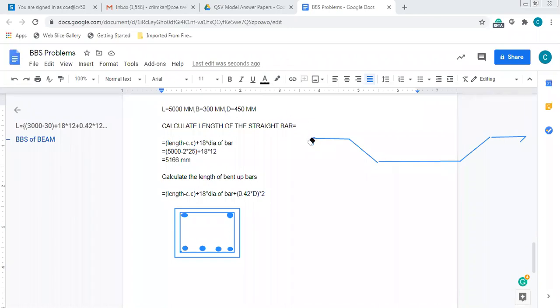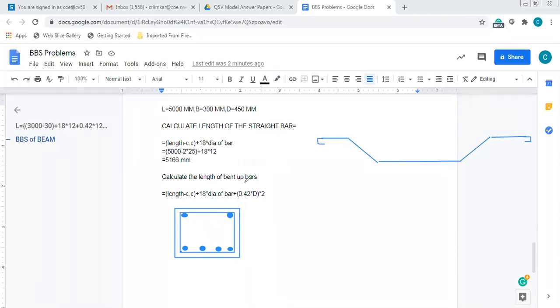There is some problem with this. Yes, now I am getting. Okay, so in this fashion, they are going to bend up like this. So two-way bent up are there.